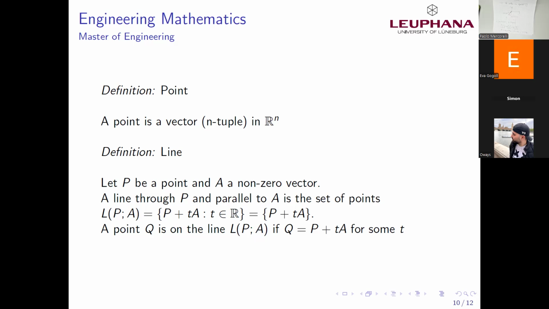Let me now introduce the definition of a line. Let's consider P as a point. We know what a point is: a vector in our language with n components. Given a point as a vector and a non-zero vector, basically we are given two vectors.